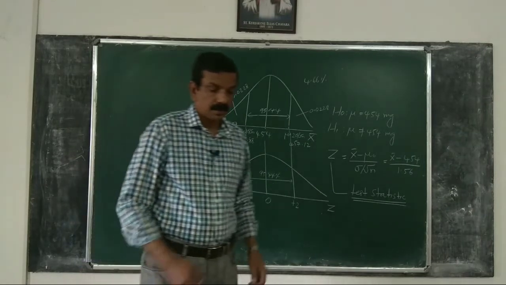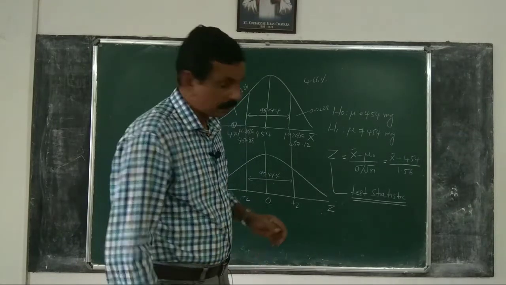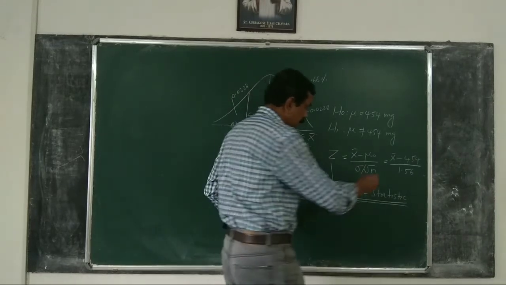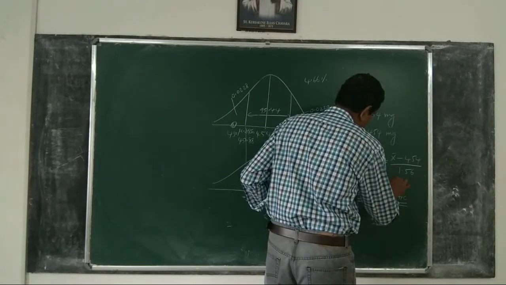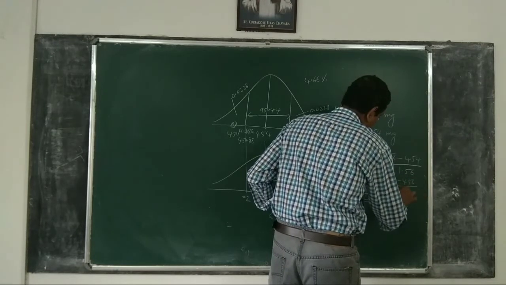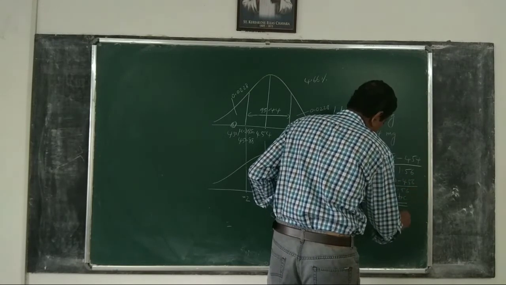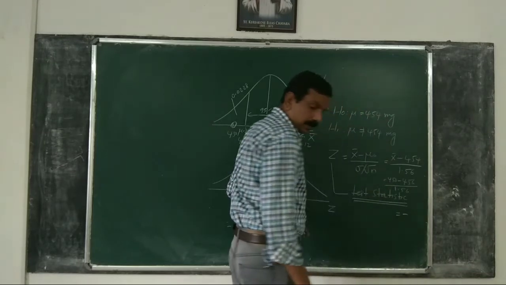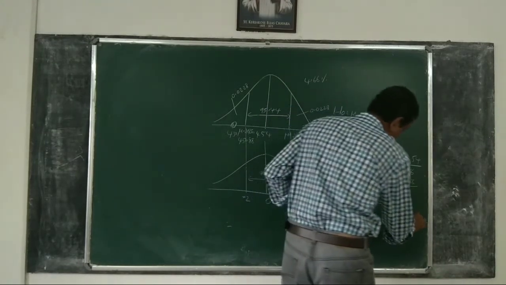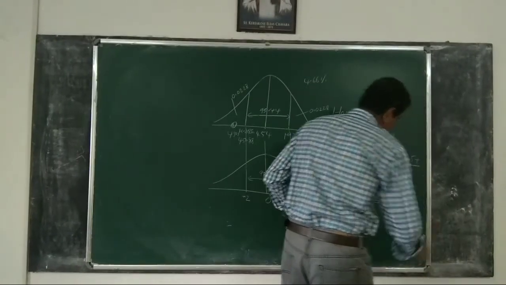Now what we do is, we calculate Z. That is, in our example, x bar is 450 minus 454 by 1.56. The value is minus 2.56.